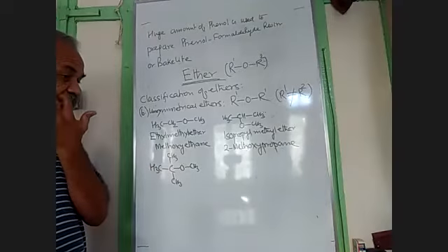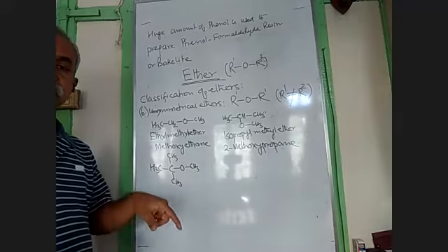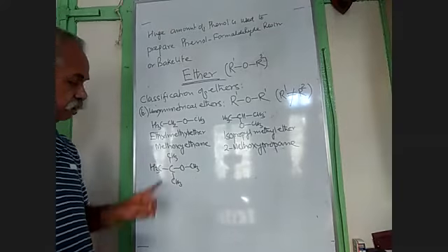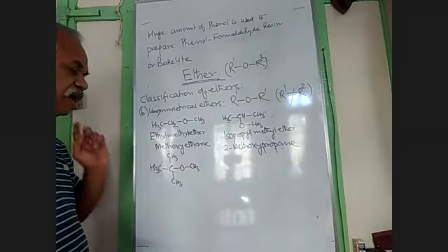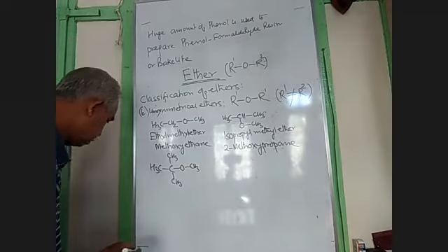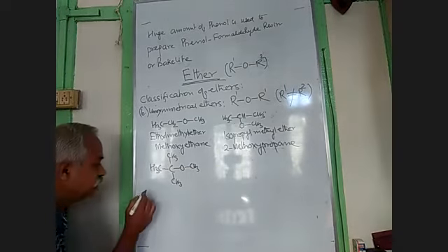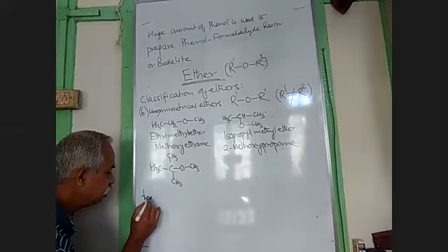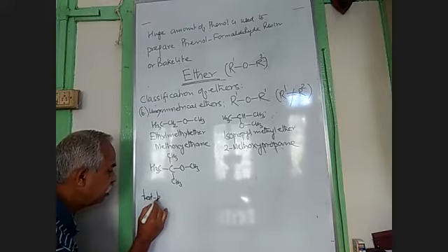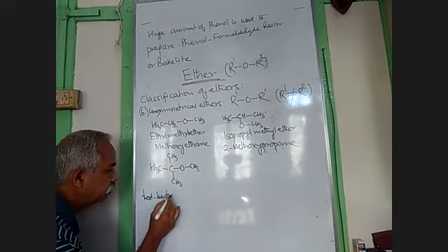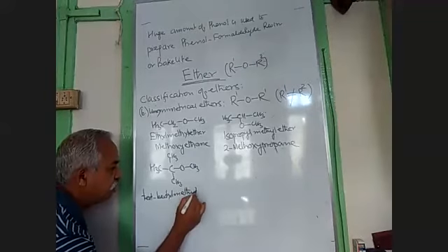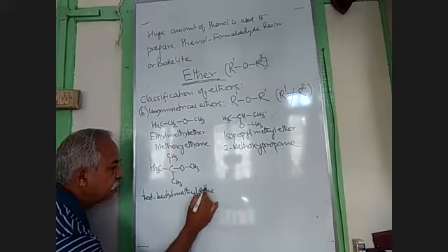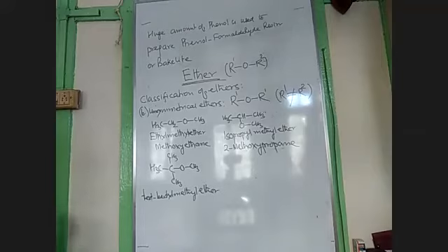These are descriptions. You go by the name of the group. This is tertiary, but it starts with butyl. So B will come before M. So the name of the ether will be tertiary butyl methyl ether.